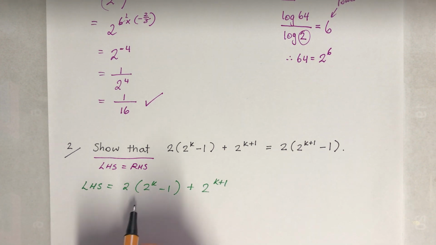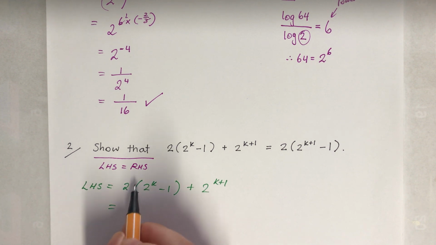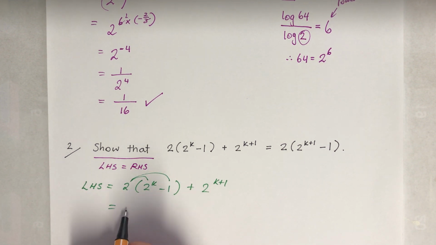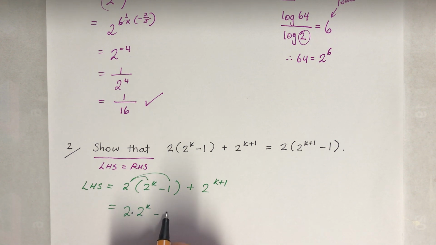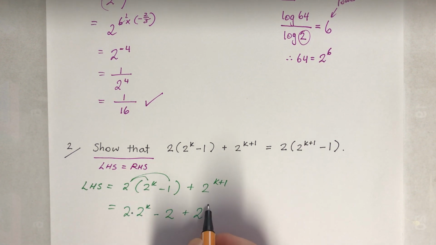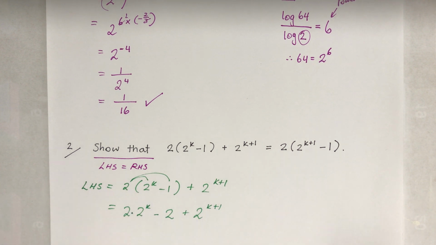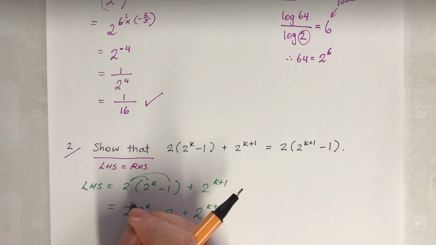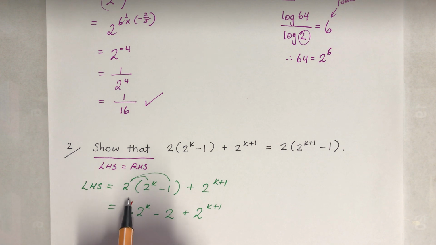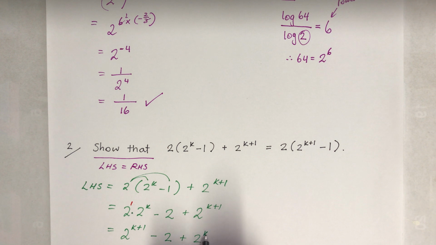Okay, so I'm going to expand this one to be 2 times 2 to the power of k minus 2 plus 2 to the power of k plus 1. Now that really has power of 1 there, isn't it? So when you have a same base, you can add the power, but we don't know what k is, so I'm going to put it like that. Okay, minus 2 plus 2 to the power of k plus 1.